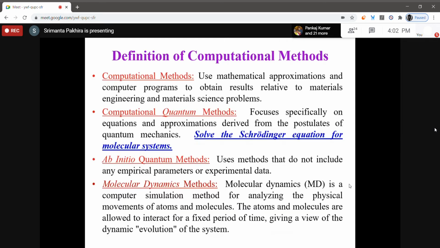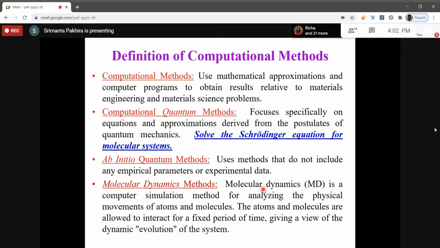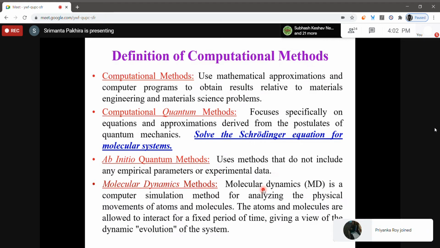Before going to electronic structure theory, let's see what kind of methods have been developed over several periods of time. There is also a lot of history, which I will discuss throughout my lectures from now to tomorrow. So first, what is the definition of computational methods? People say computational method, DFT, structure theory, so what are they basically?